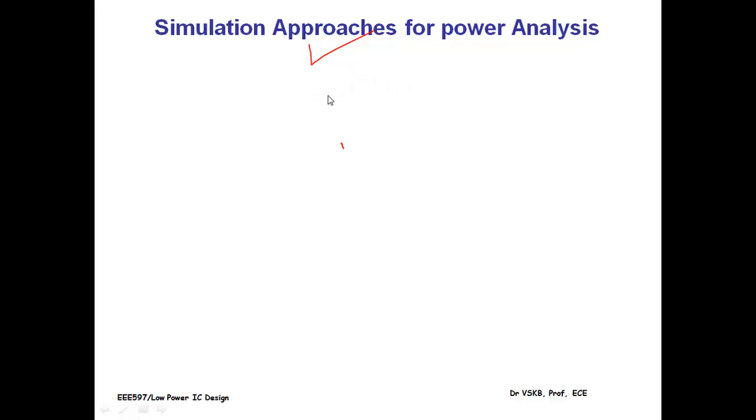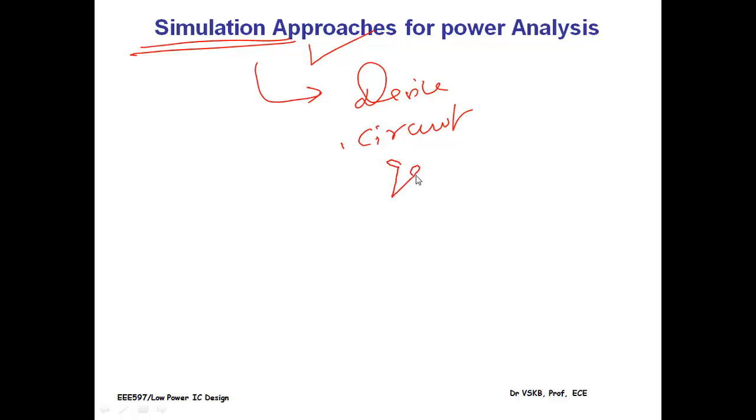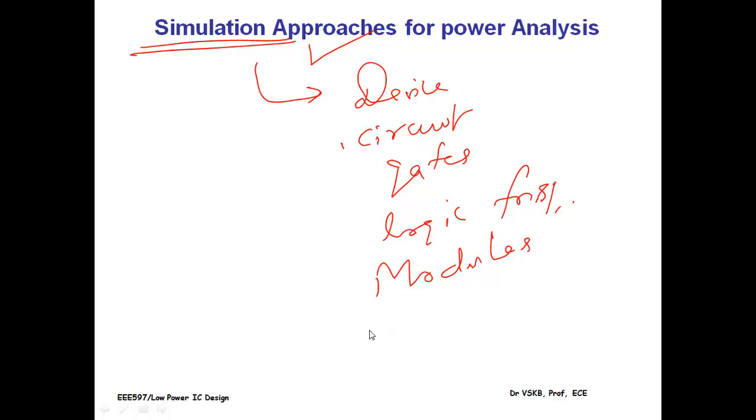That means the power estimation, how we do through simulations, and these simulations could be right from device level, the circuit using them, and this could be gates, or this could be some logic functions what you have, so functional level. So even bigger than that, some modular level you may have, and beyond that you had the functional blocks, and beyond that you had architectural level.